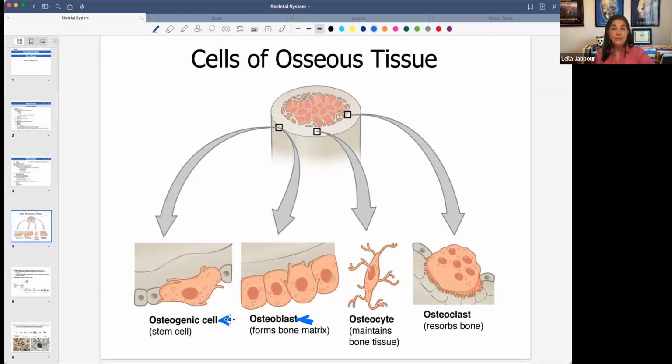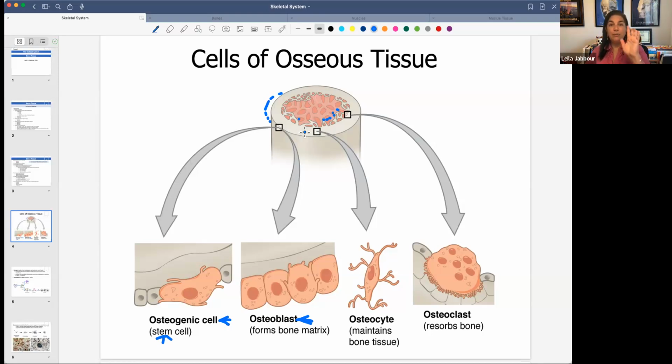These are stem cells that are destined to be bone cells at some point, but they are still immature. They reside in the periosteum, the general connective tissue that wraps bones, in the endosteum, which is also general connective tissue that wraps the inner lining of bone, and also within osteons, where these osteogenic cells line the inner cavity of the central canals.